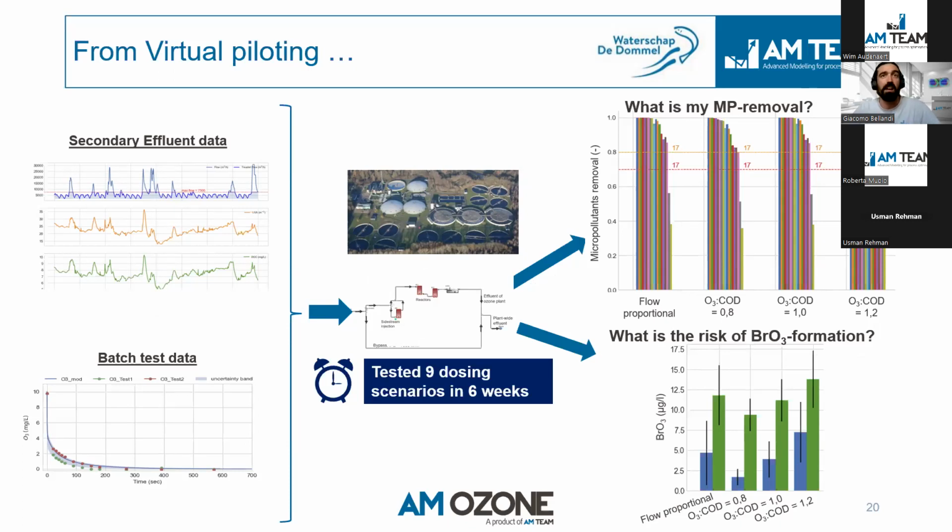We can test a large number of scenarios, and normally in the feasibility study, in the technology assessment stage, we run in a few weeks a huge number of scenarios.